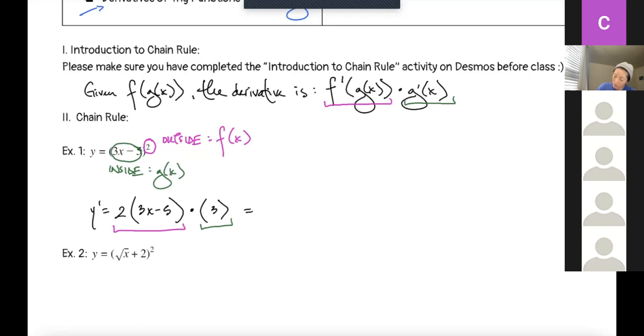Let's clean this up a little bit. I might take the 2 and the 3 and multiply them, so I get 6 times (3x minus 5). This would be absolutely fine. Since this power is a 1 here, I could distribute if I wanted to, and I'd get 18x minus 30.